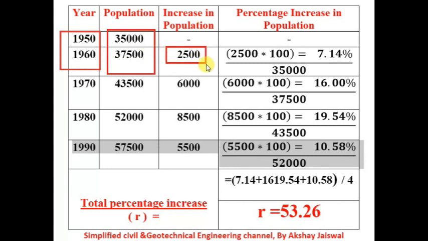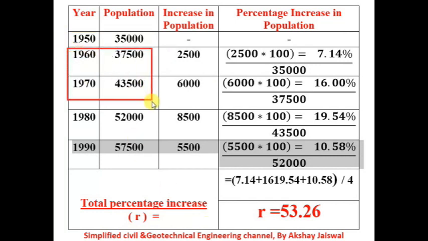It will be 2500. Then we need to find out increase in population from 1960 to 1970. It can be calculated by taking difference between these two population values. It will be 43,500 minus 37,500 and it will be 6,000.